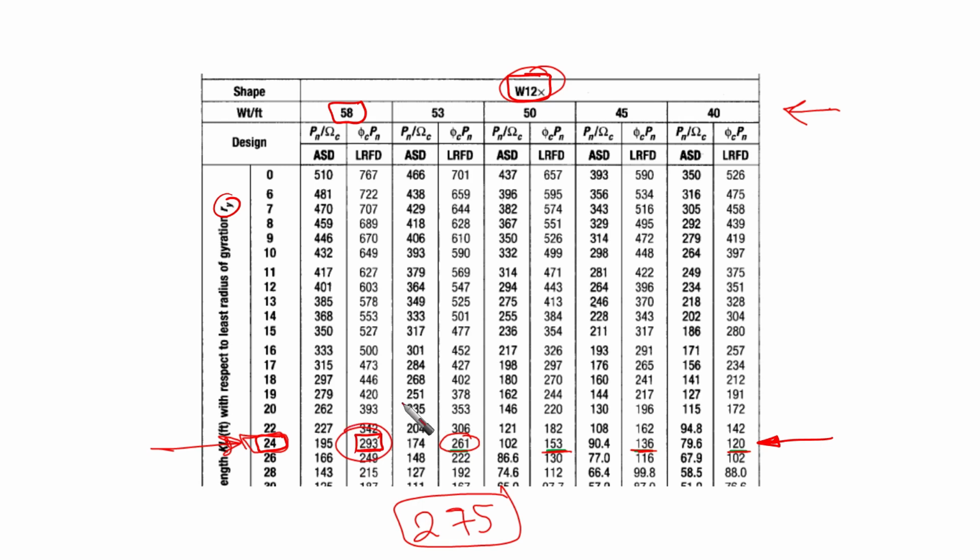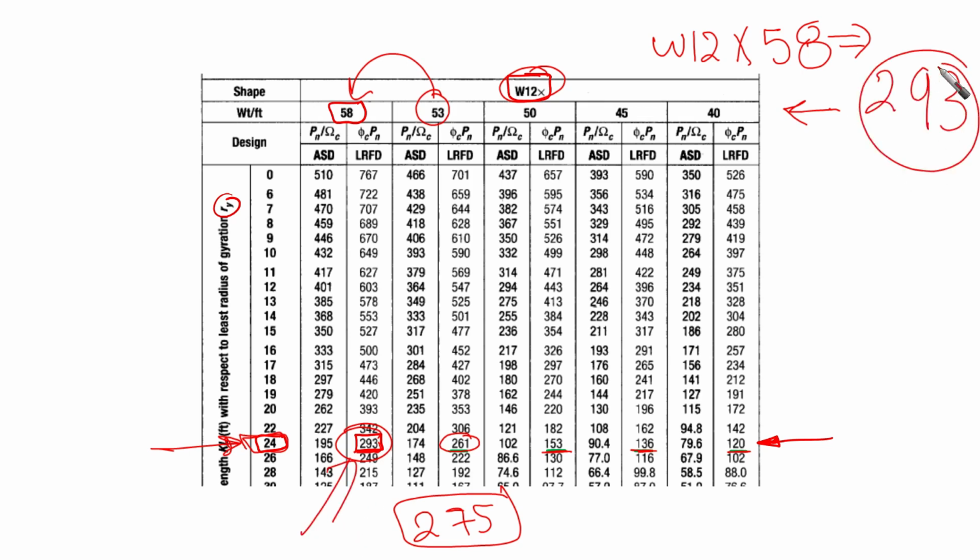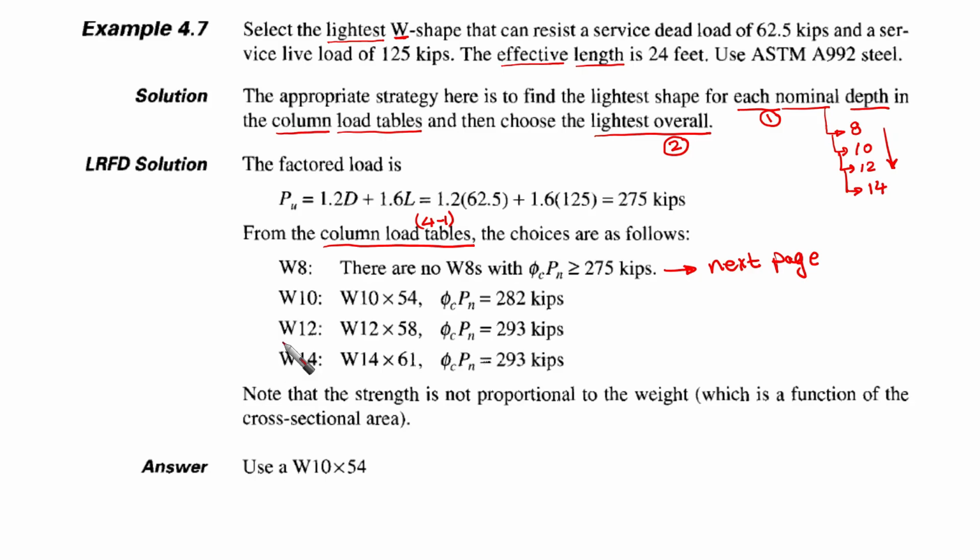Now the next shape is 293. So our wide flange 12 by 58 is going to provide this value, which is 293. Let's record this. W12 by 58 gives us an available strength of 293.